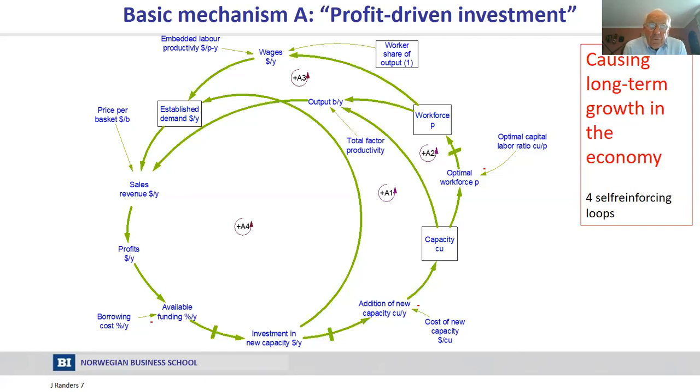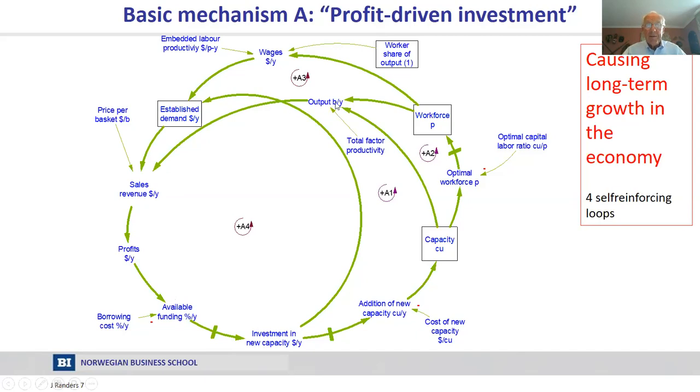Concerning the first one, long-term growth in the economy is, as we see it and as most people see it, driven by profit-driven investment. So you have down here the investment in new capacity, which is largely determined by the available funding, which is dominated by current profits, which come from current sales, which come from the current output.